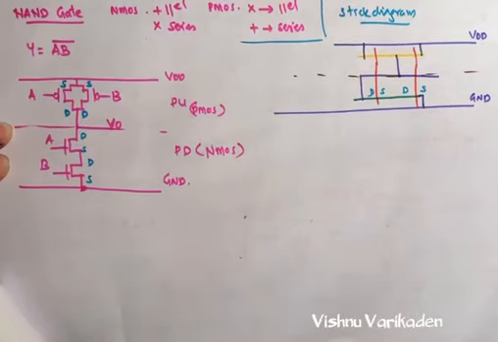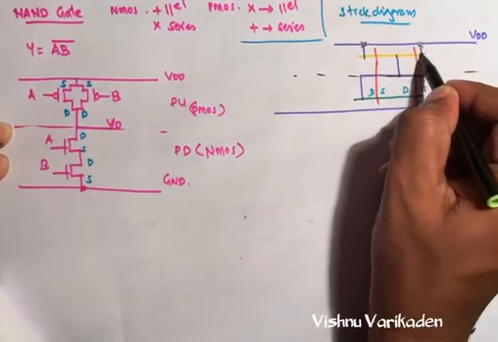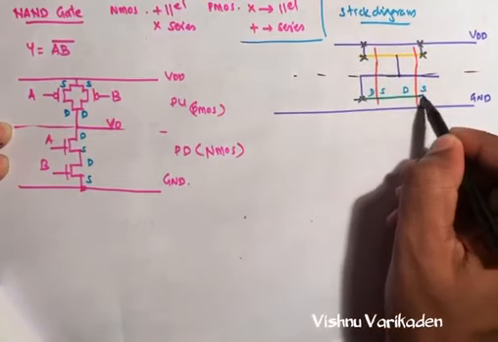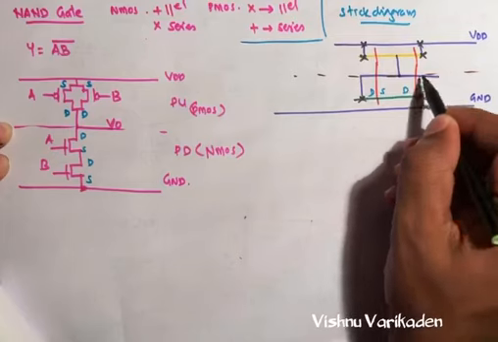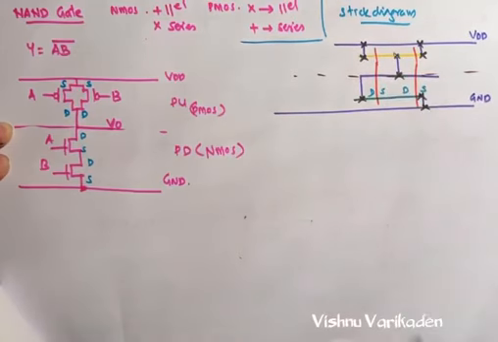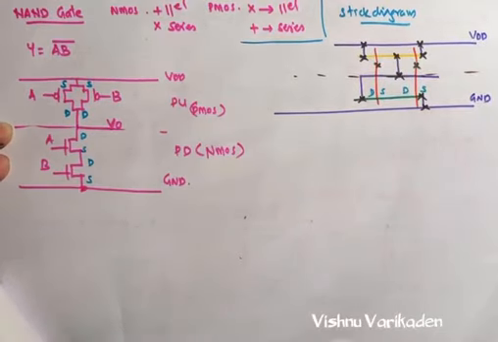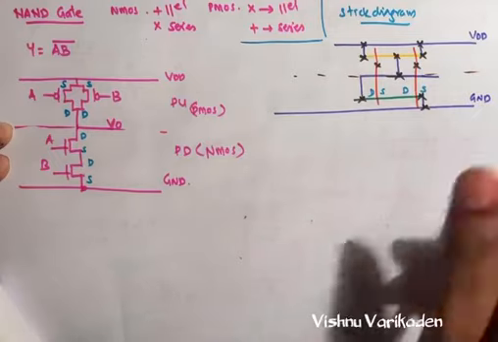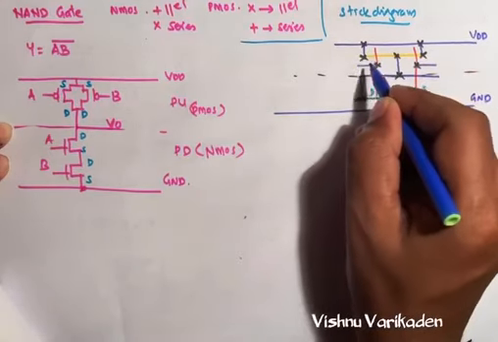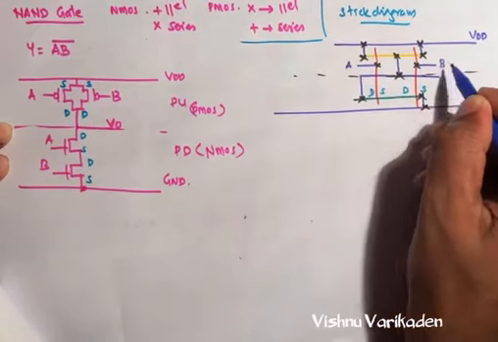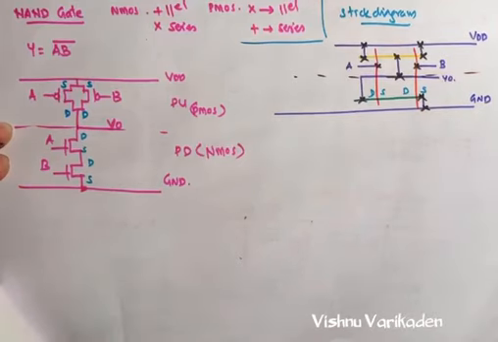So we can make the marking, contact. This is our contact. Also we can make the terminals of the inputs. This for A and this for B. This is our V out. So we can also make the layout.